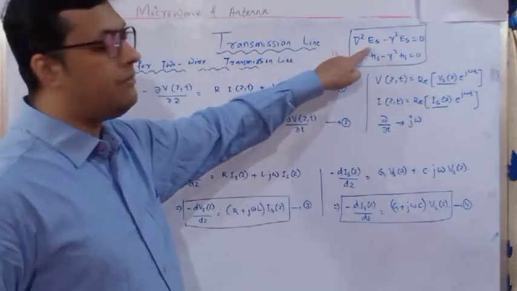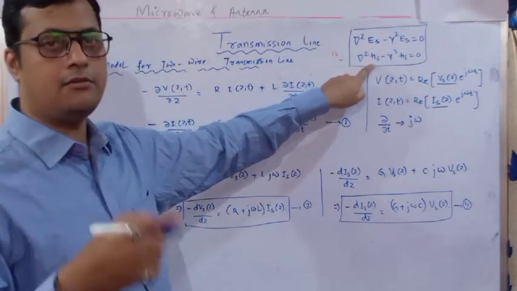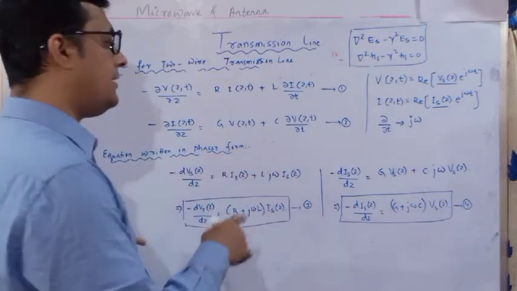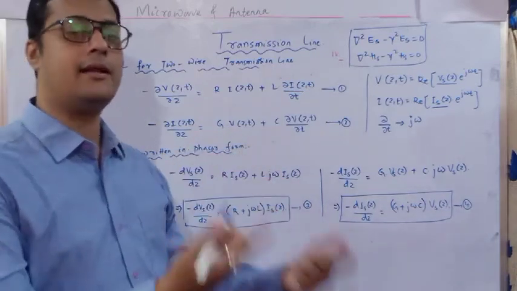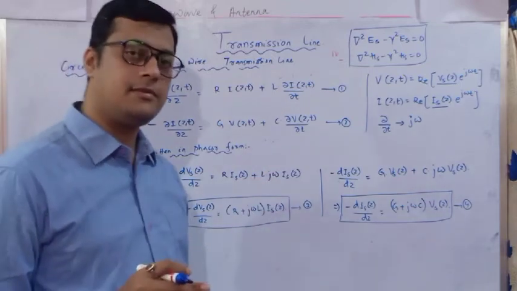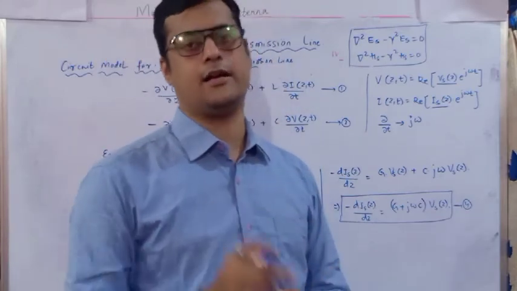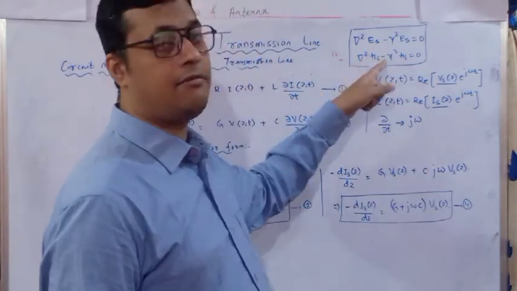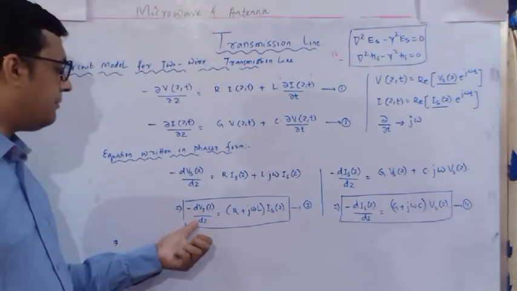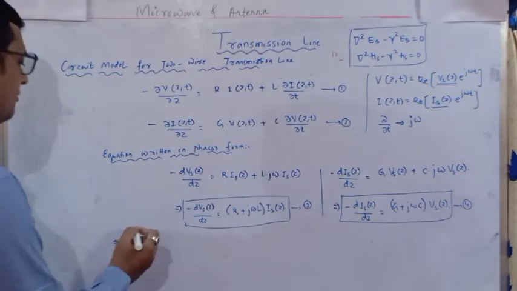Now the electric field needs to be represented in terms of voltage, and the magnetic field in terms of current. Only then will the equations be represented in terms of the RLGC parameters of a transmission line. So when we discuss a transmission line, we have to represent the wave equation in terms of voltage and current rather than electric field and magnetic field. How? Let's see. For example, if I differentiate this equation once again with respect to z on both sides, what will I get?